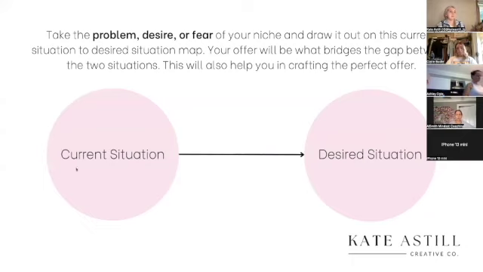If you know where your clients are and you know where they want to be, and you've got a skill set to be able to get them there, but you're not exactly sure what a program would look like, you can start bringing on clients, working with them one-on-one, and seeing what it is they ask you for, what it is that they need in that coaching manner, asking them questions, what are they stuck with, and how we can get them there. And you can start to develop one-on-one programs or group programs to work with people to get them to that desired situation.